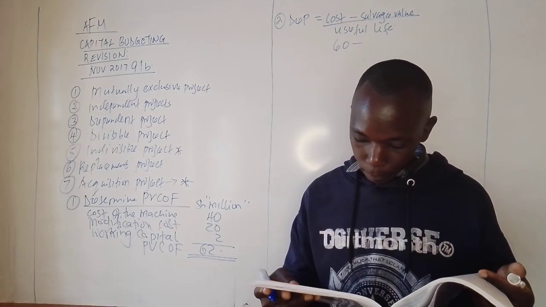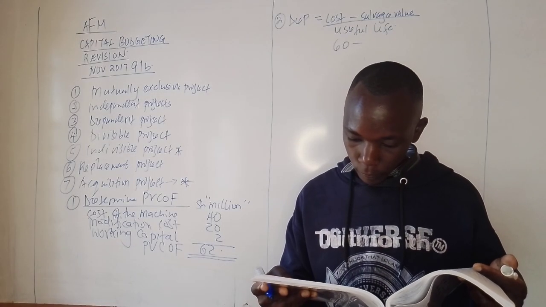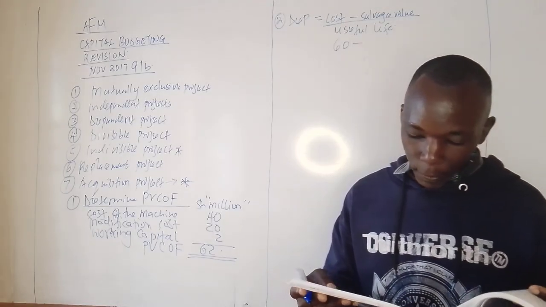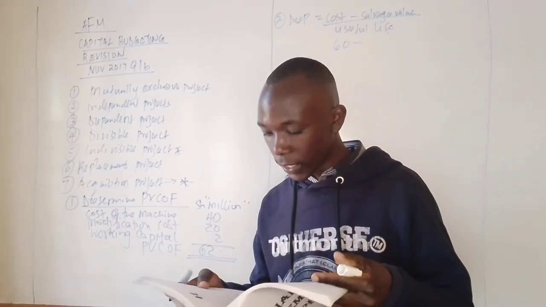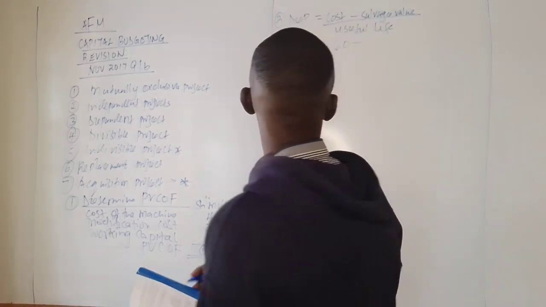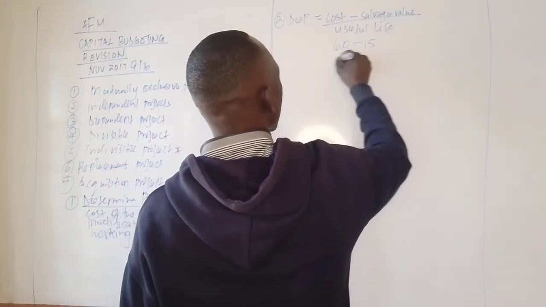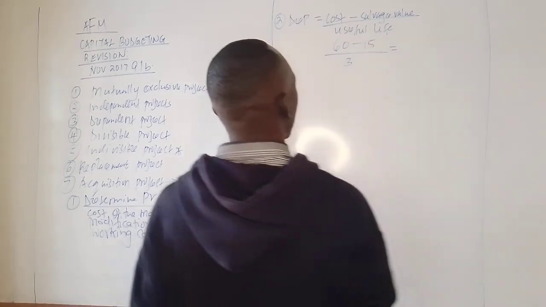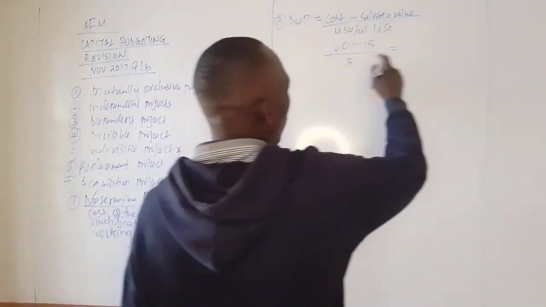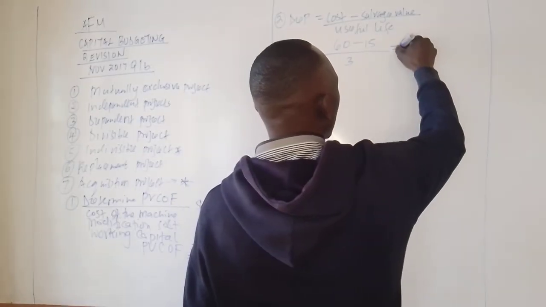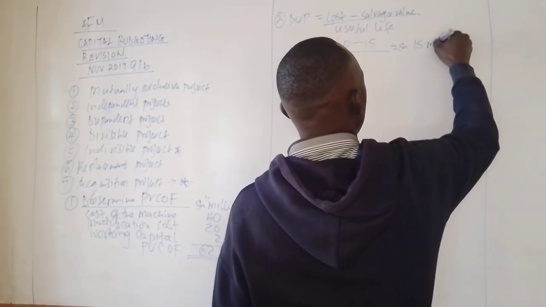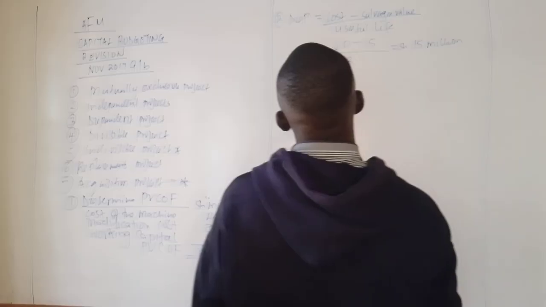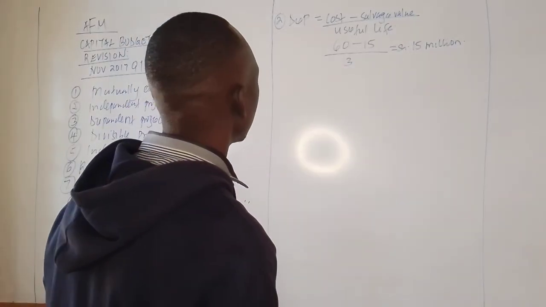We are told that the machine is expected to have a useful life of 3 years and a salvage value of 15. So the salvage value is 15 and the useful life is 3. So this minus this, you will get 45. You divide by 3, you will get shillings 15 million. That will be the depreciation.